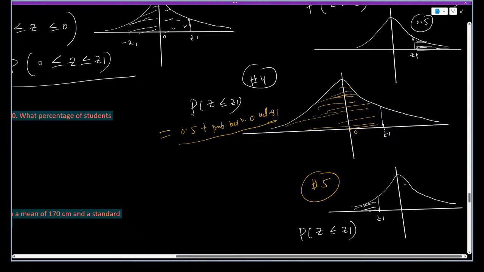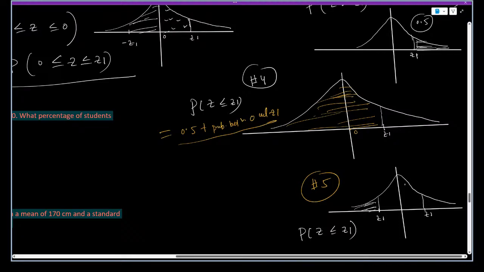If it lies on the left side, then since the curve is symmetric, this is the same as P(Z > Z1) with Z1 on the right side.